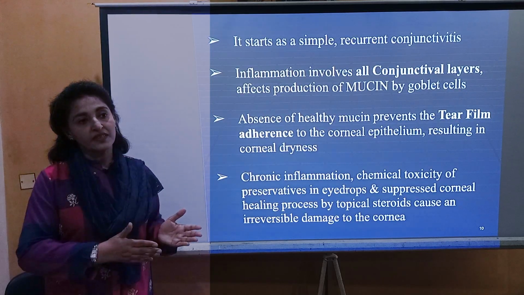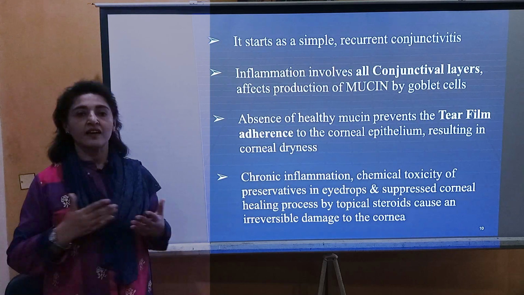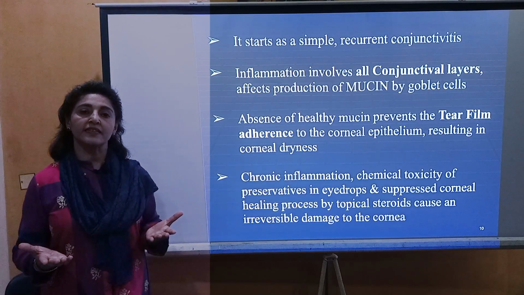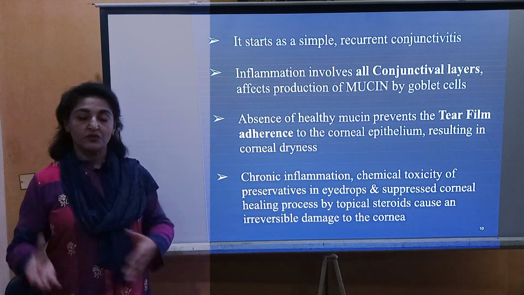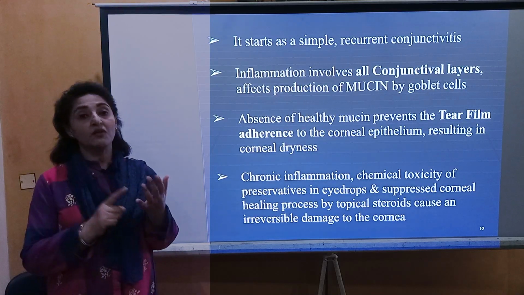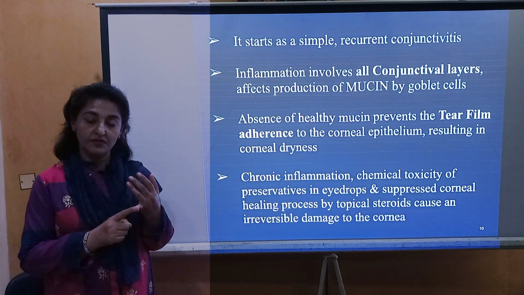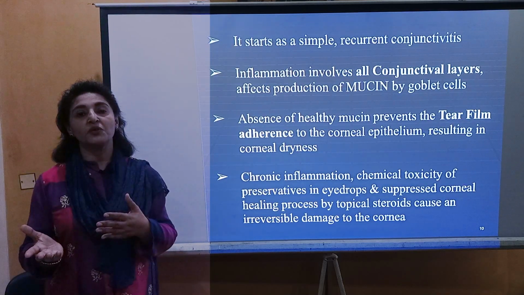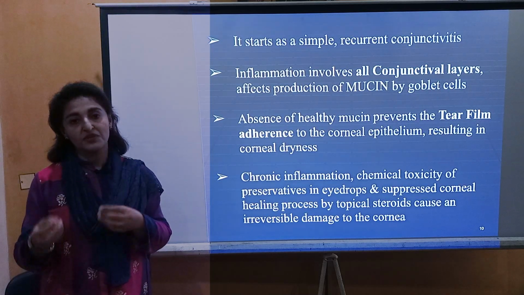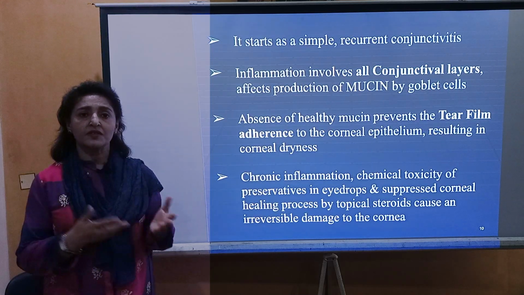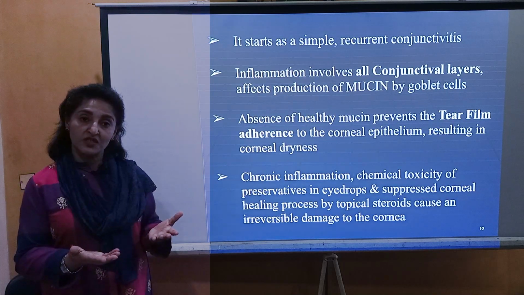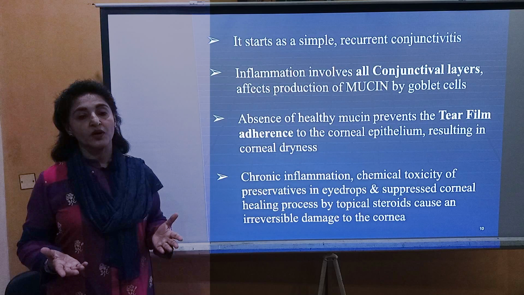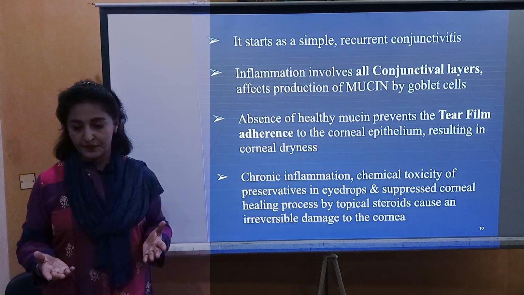So the dry eyes are a part and parcel of any long-standing conjunctivitis. So dry eyes will not only occur because of the conjunctivitis itself, because the goblet cells are affected, but also because of the usage of eye drops which have preservatives in them, which may have decongestants, and they directly affect the tear film stability and cause chronic dry eyes.